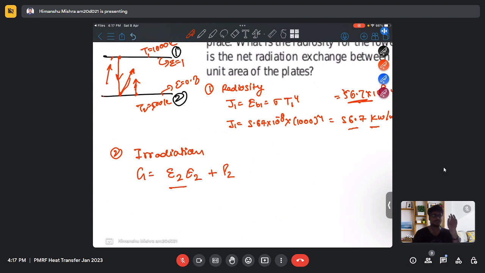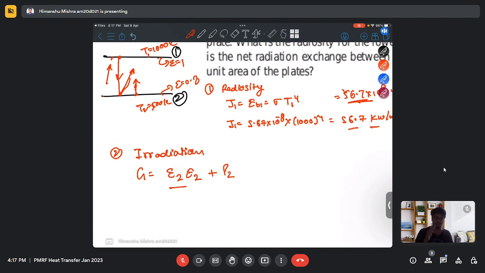That means the radiation coming from surface 1 will hit surface 2, and there will be a reflection also because surface 2 is not a black body. That means some part of the radiation will escape from surface 2 in the form of reflection.